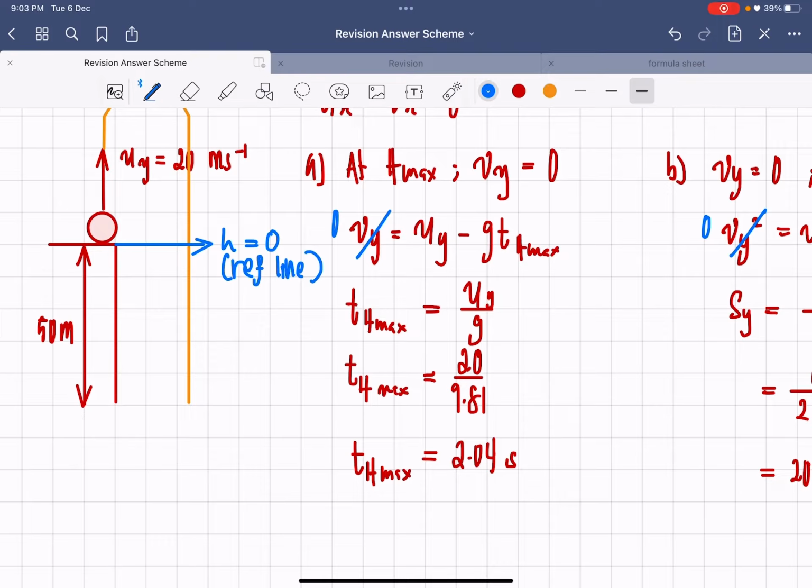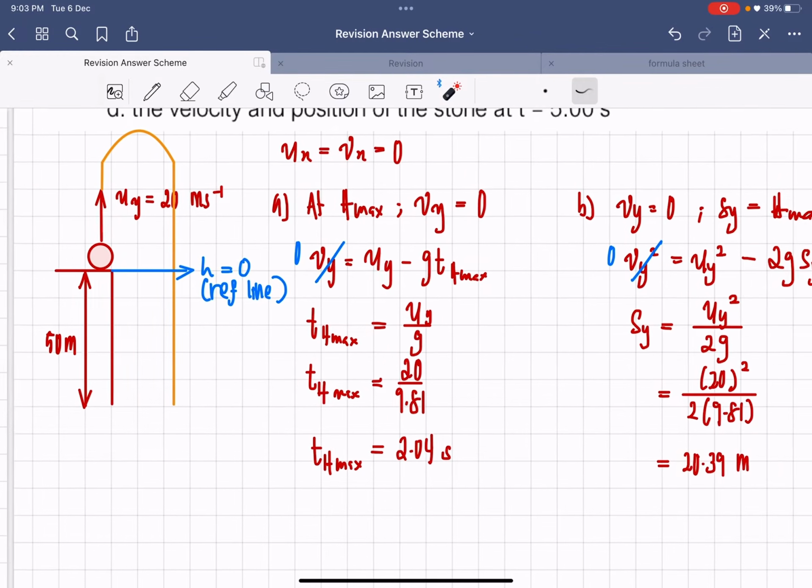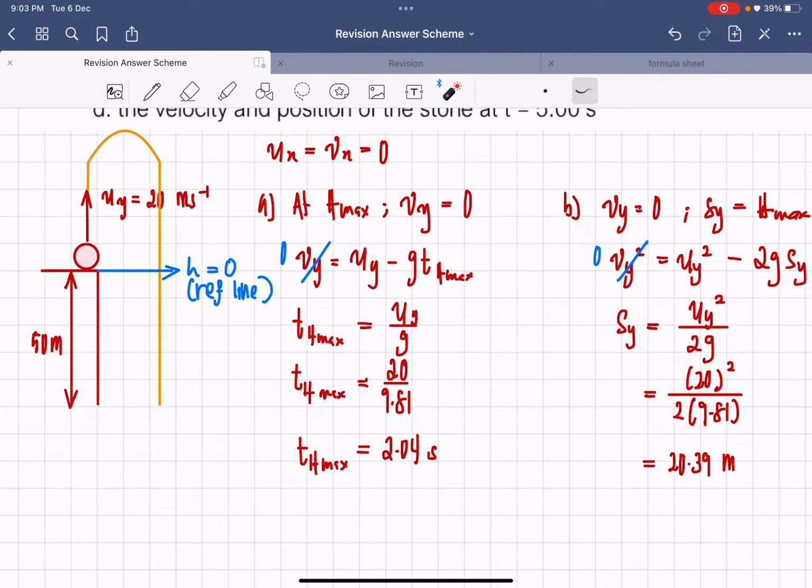The reference line helps you in determining whether the displacement is positive or negative. Anything below the reference line should be negative, anything above is positive. That's why your maximum height is positive, because it is above the reference line.